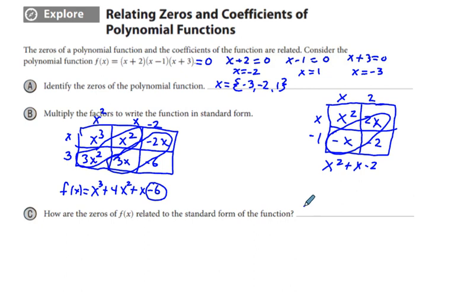Let's say it this way: each zero can be found by factoring the constant term, negative 6.